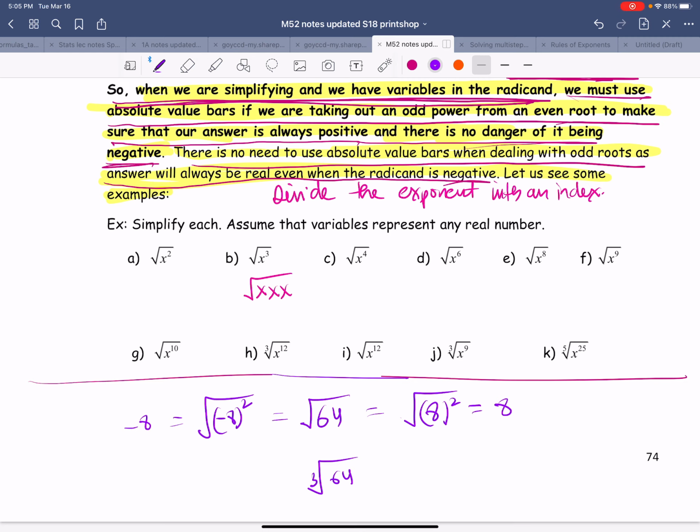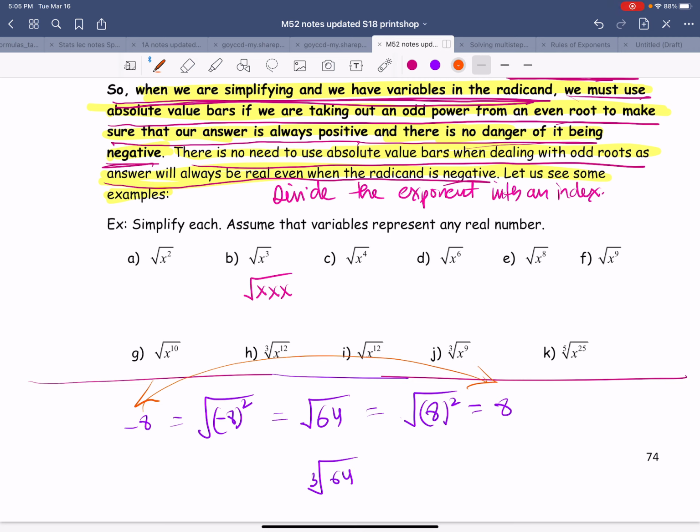And if you look carefully, this is big trouble, and this is going to fail all the algebra that's been developed so far, because we are trying to say negative 8 is equal to positive 8, which is not true. We know they're far away from each other on the number line.